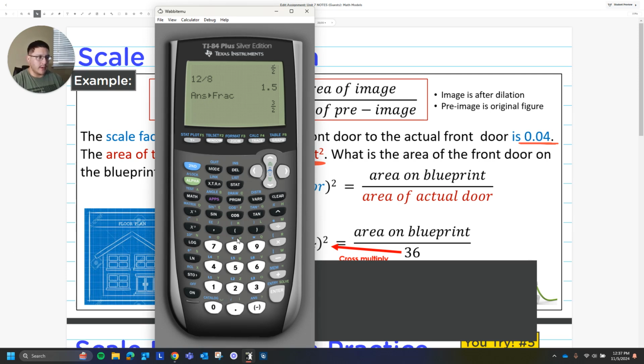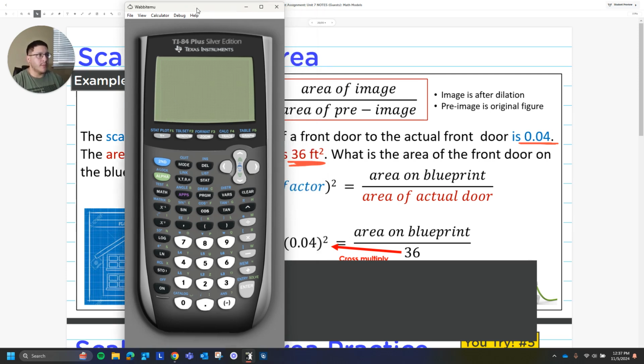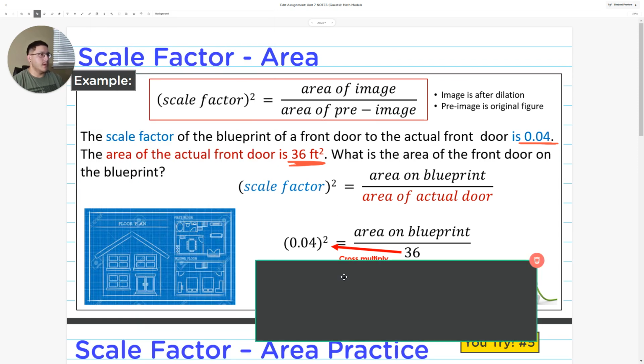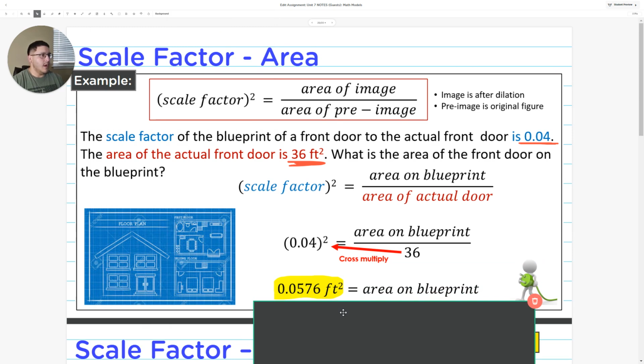You can do these individually or put them all together. So you could type in 0.04 squared and then multiply by 36, or type it all together: 0.04 squared times 36, and you'll get the same answer. 0.0576 square feet is what's going to be on the blueprint.